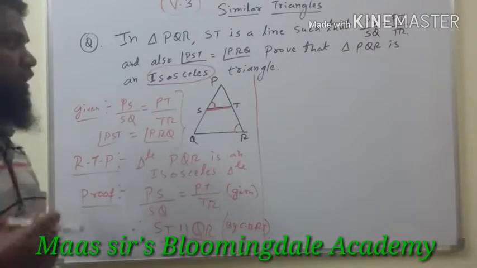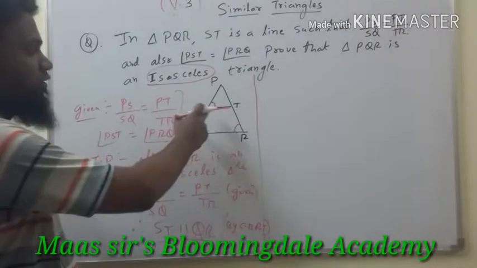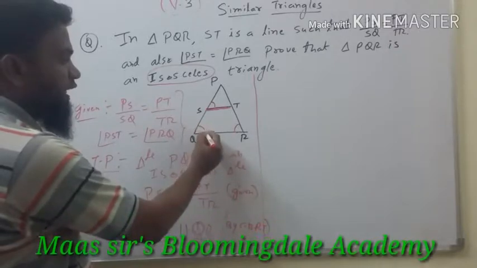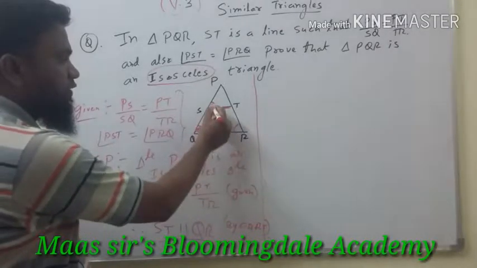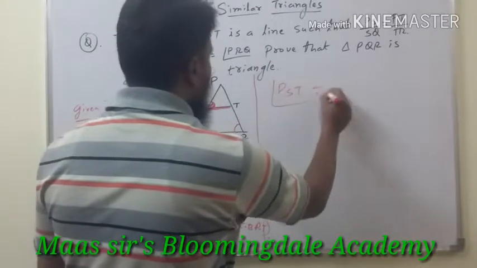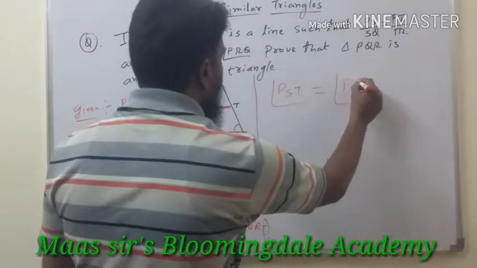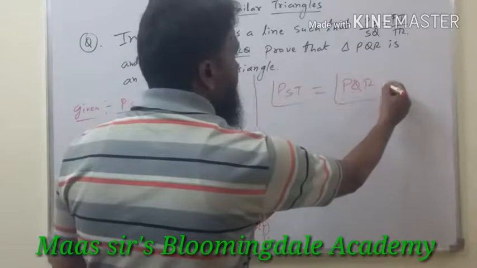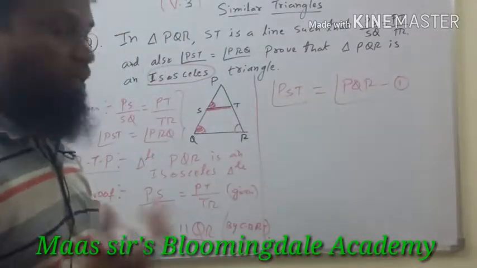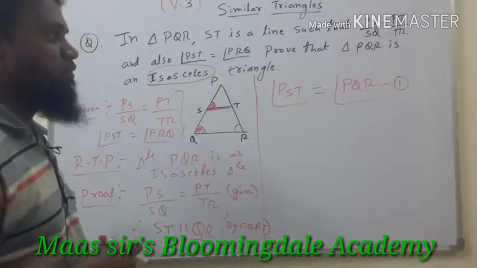This is the first thing you are getting. When we prove these two lines are parallel, then we can say angle PST is equal to angle PQR. Let us say this is equation 1. Why are you taking PST equal to PQR?